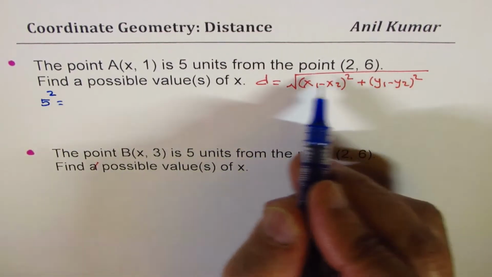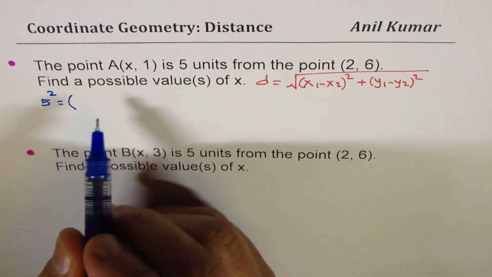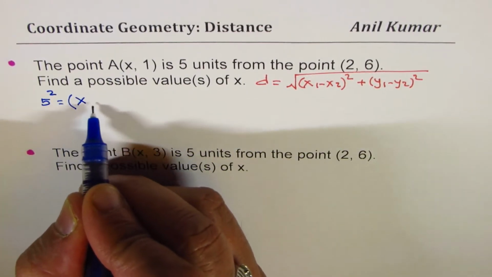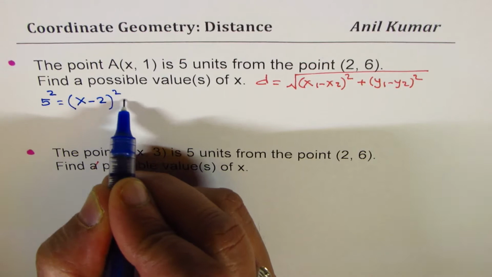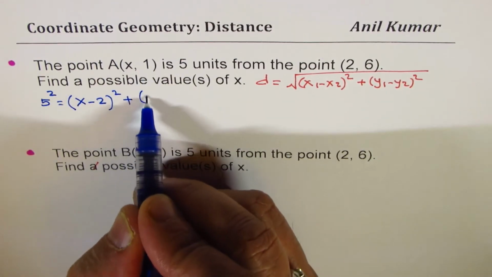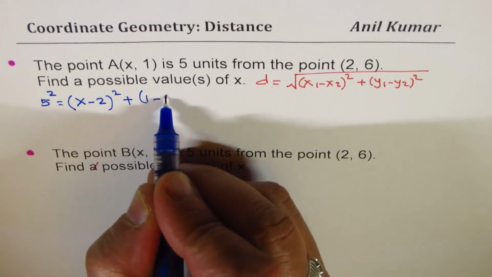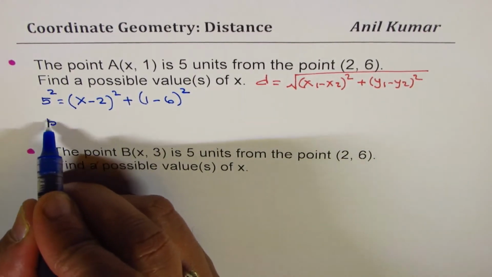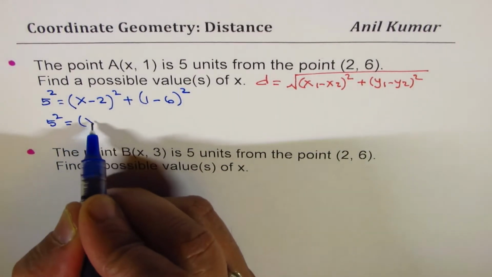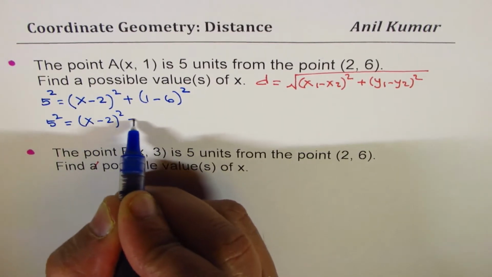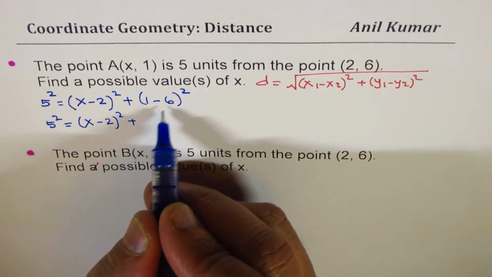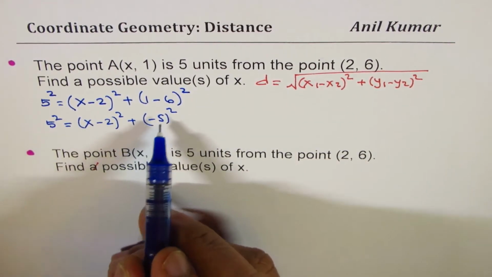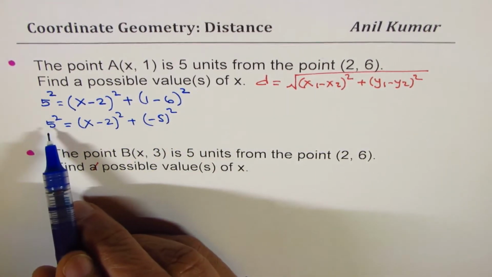So I'm squaring both sides and we get the difference of their x values, (x minus 2) whole square, plus (1 minus 6) whole square. So 5 square equals (x minus 2) whole square plus, 1 minus 6 is minus 5, so I'll write (minus 5) square. Now minus 5 square is 25, this is also 25.